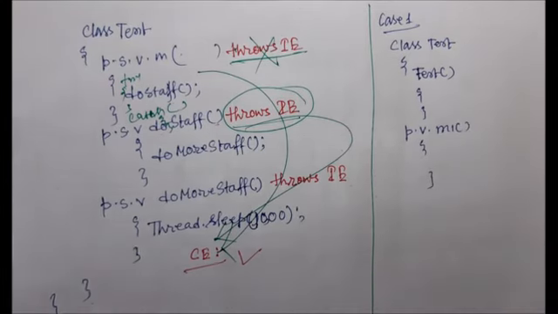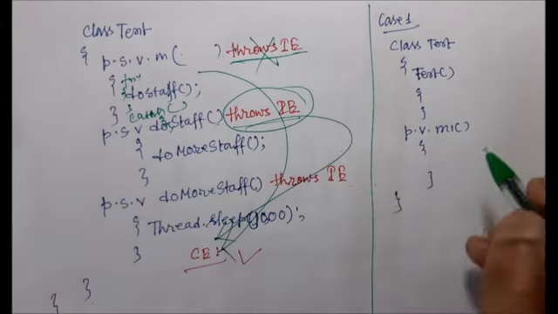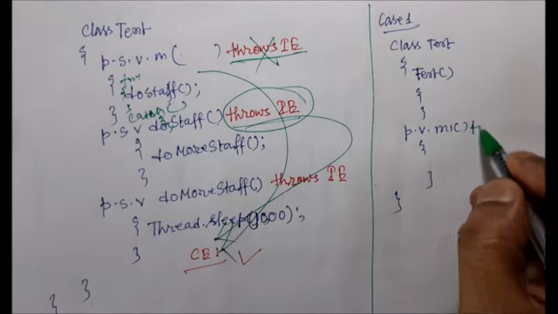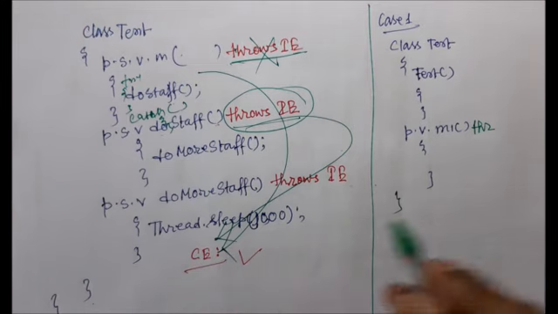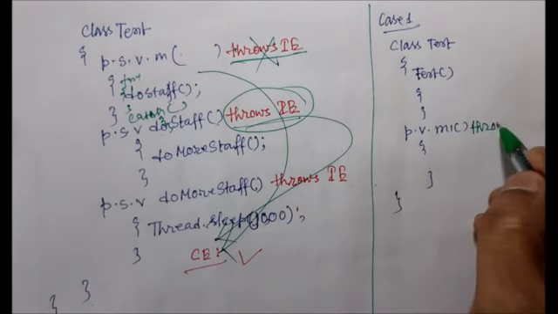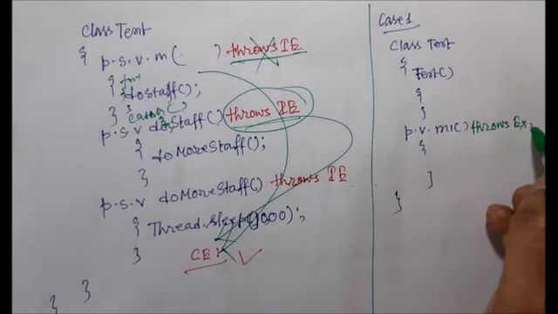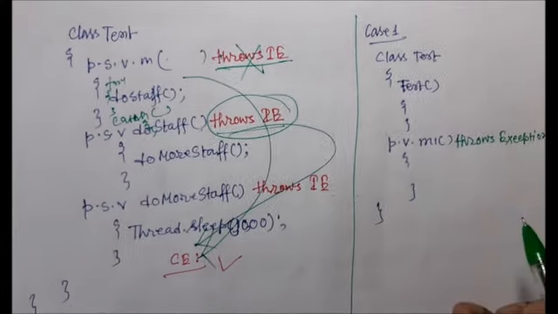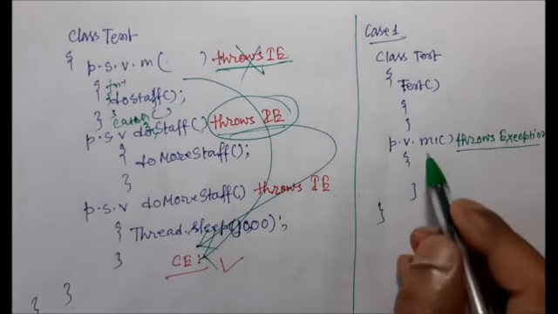So we can use the throws keyword with a method. So I can write here throws, if any exception arises, for example I have written Thread.sleep, so you can write the throws keyword, for example I am writing Exception. So we can use the throws keyword with a method.